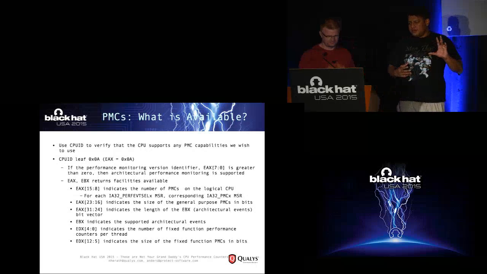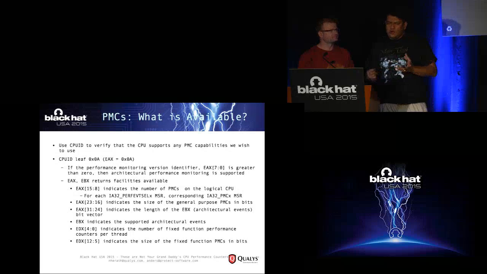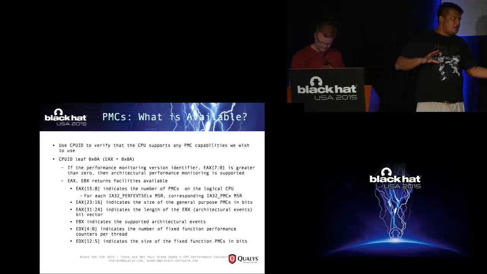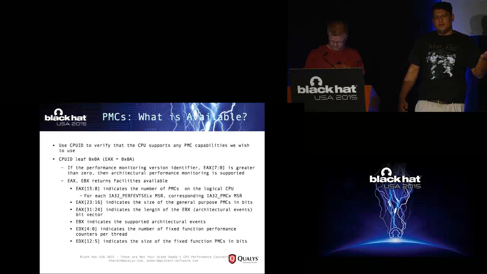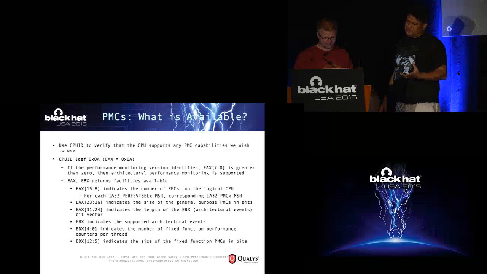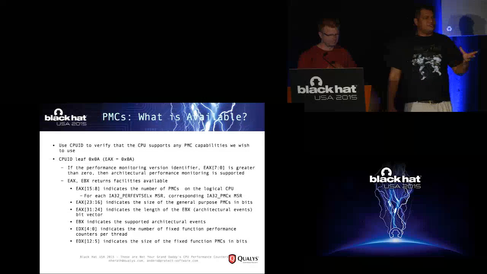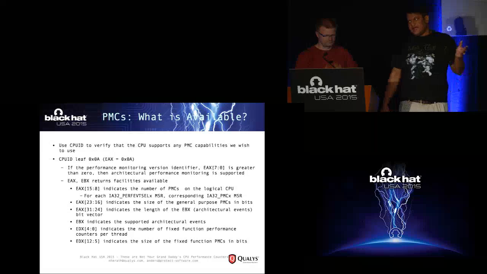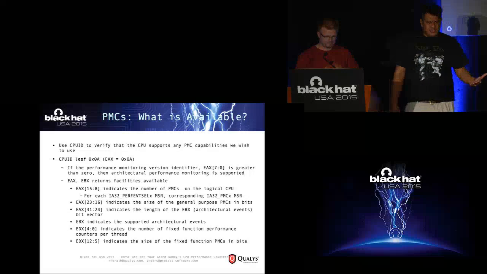Okay, so now going back to figuring out what PMC information is available to us on a given microarchitecture, we can use the CPUID instruction, and the CPUID instruction provides different leaves that give you different information about the processor.